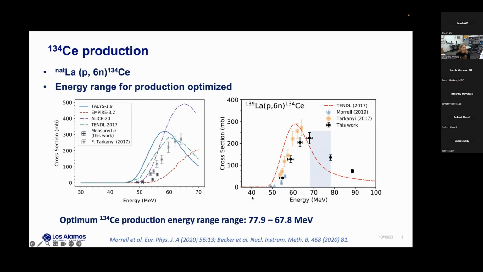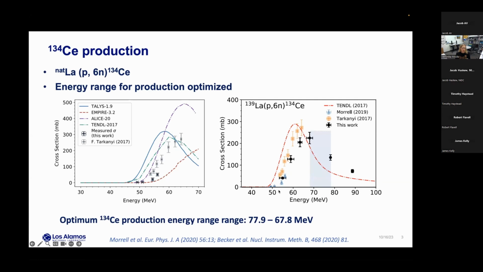Here at Los Alamos, we have a large accelerator which goes all the way up to 100 mega electron volt protons, so we can look at the higher end of the energy range to see what the cross-section for production of Cerium-134 looks like, as displayed on the plots. You can see the threshold energy is about 50 mega electron volts. From there the production increases, but then it falls off above about 70 mega electron volts.